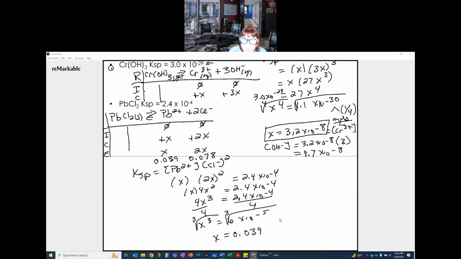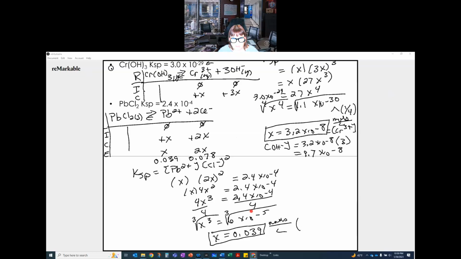So those are the two values that I was looking for there. Now, my molar solubility is always the x value that I solved for. So that's this right here. And that's in moles per liter. If I wanted to solve for it in grams per liter, I would multiply this by the molecular weight of PbCl2, which I can find.